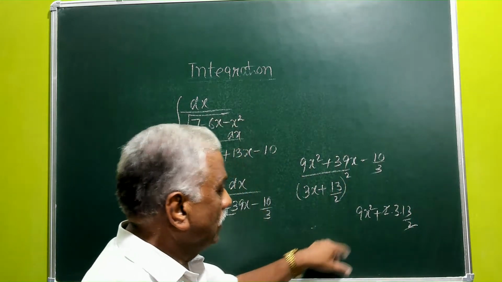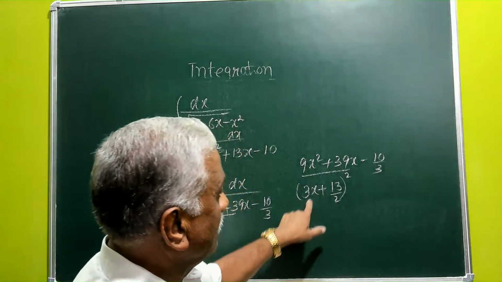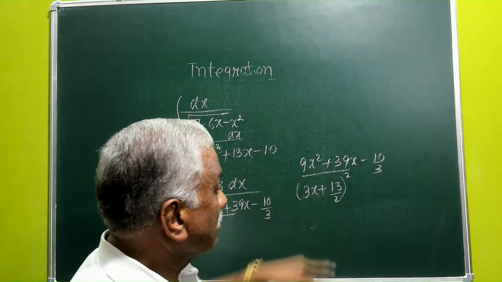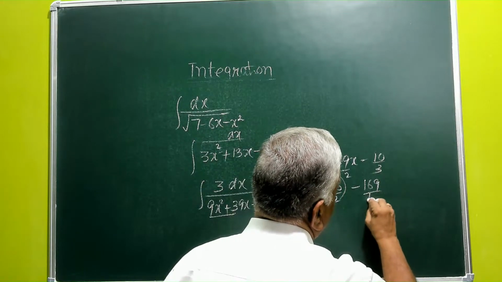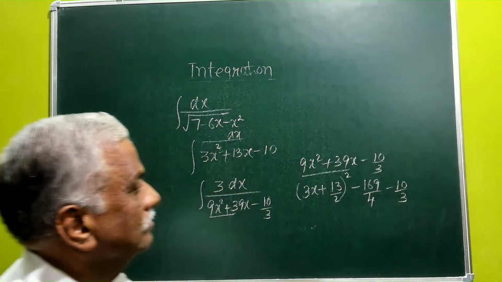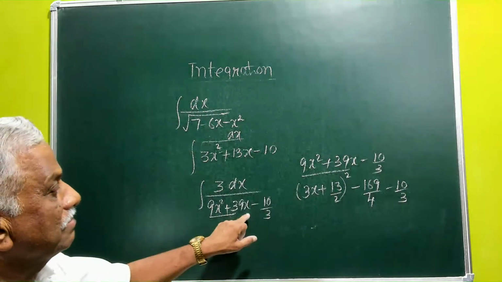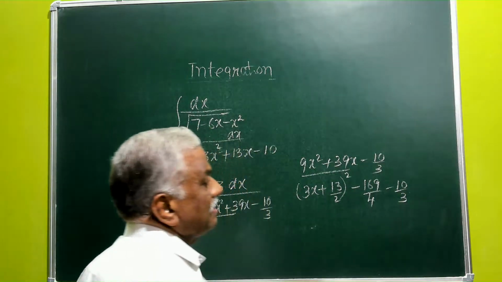So what we have done now is 3x square plus 39x. The extra we have written is 13 square, that is 169 by 4, minus 10 by 3. Why minus 10 by 3? You simplify this. What's the LCM?